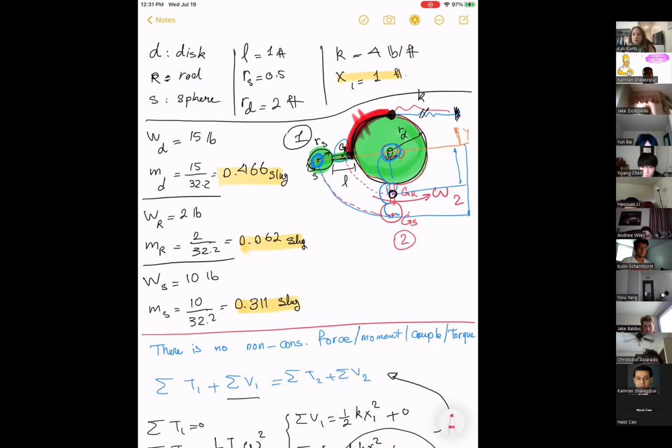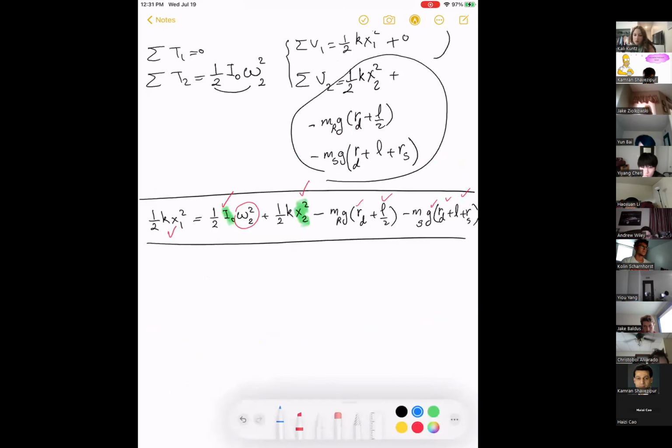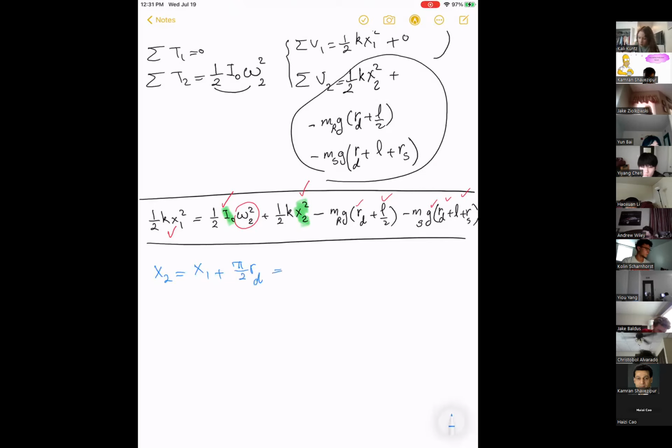One-fourth of the perimeter, right? So your X2 is going to be X1 plus pi by 2 times R_disk. And we can simply calculate this as one plus pi by 2 times 2, yeah, it's 2 feet.